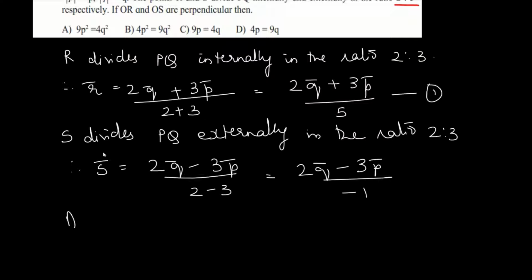Now the third condition given to us is that OR and OS are perpendicular. So we can write that vector R is perpendicular to vector S, and therefore R dot S, their dot product, is going to be 0.